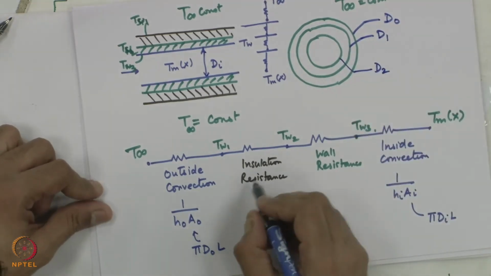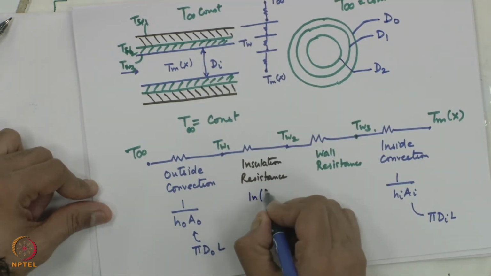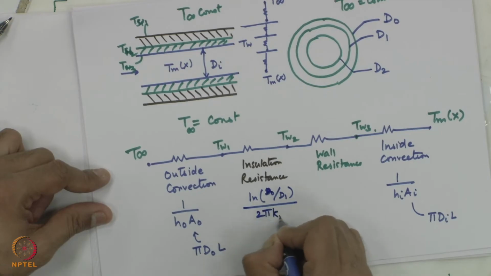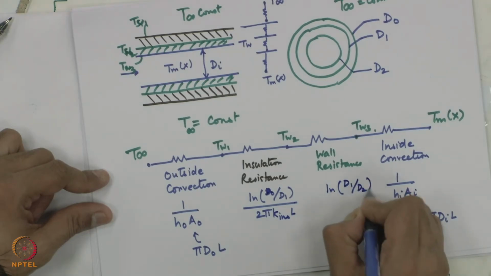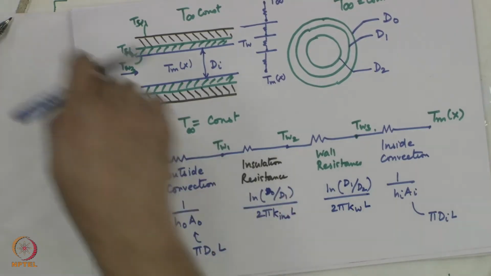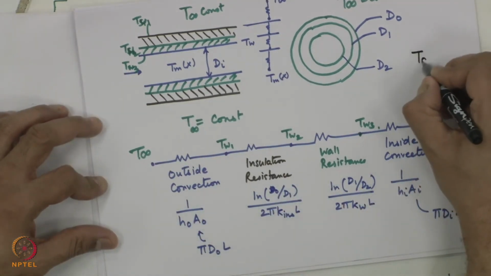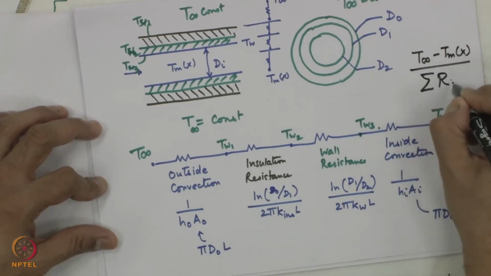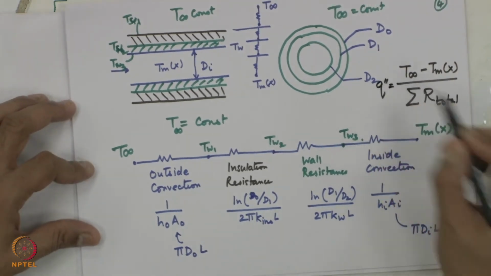So, insulation is between D naught and D 1, so this is log of D naught by D 1 divided by 2 pi k insulation L. This is log of D 1 by D 2 divided by 2 pi k wall into L. So, these 4 resistances would act in series, and your driving delta T, T infinity minus T bulk mean of x divided by sum of R total or thermal resistance is going to be your Q double prime, right.